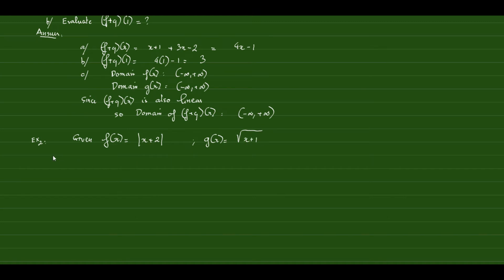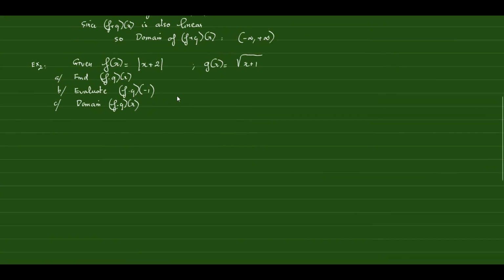Now I'm asking you the same thing, but in this case I'm asking you to find f times g, the product, and I ask you to evaluate at -1. Then finally, I ask you to find the domain of f times g of x, because this is a new function. You have a function, you multiply it by another function, which gives you a new function. So let's see how we do this.